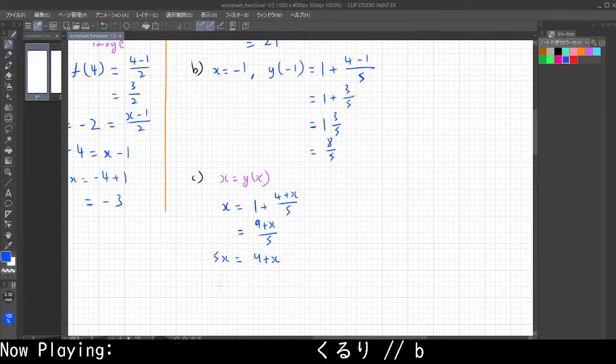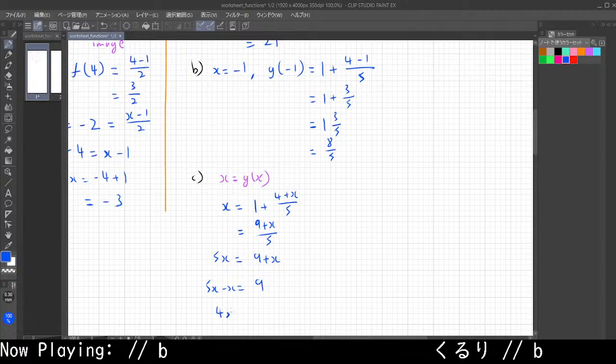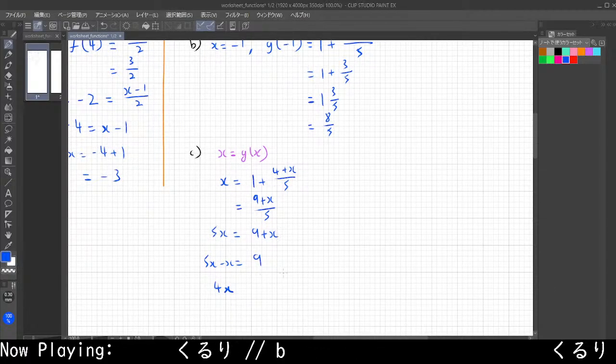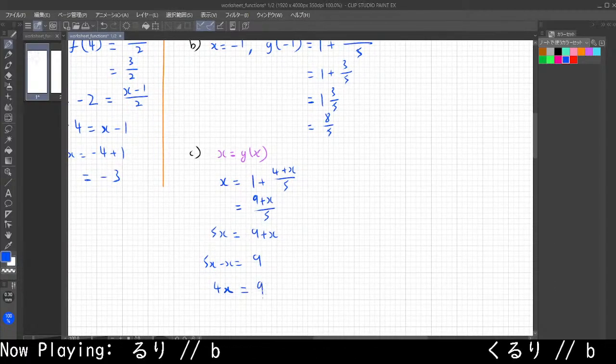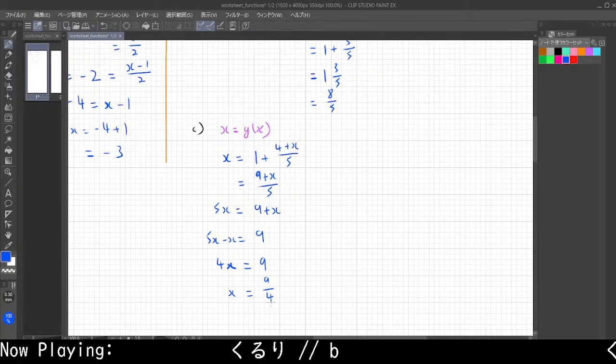Move x over: 5x minus x gives 4x. So 4x equals 9, and x will be equal to 9 over 4. You can simplify this, or leave it as is, and that will be your answer.